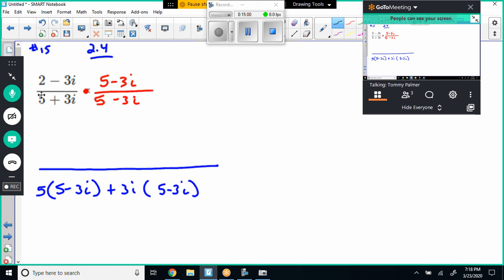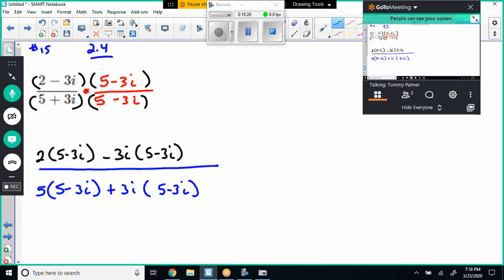Y'all see how I take the first term times everything in the second, right? Parentheses. It's like FOIL, right? Really, this is FOIL. And then up top, we'll go 2 times 5 minus 3i, minus 3i times 5 minus 3i. Okay, so what this does is it gives us a couple of things.